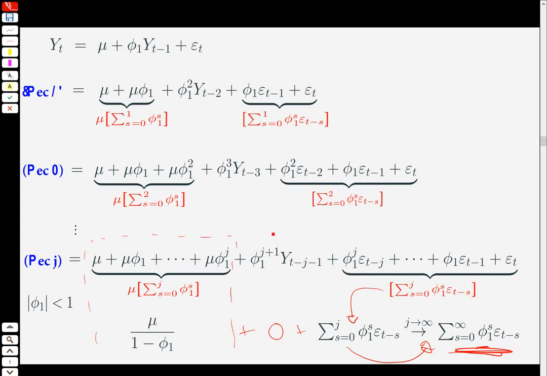So this term will tend towards naught exponentially quickly, which means that this whole thing will tend towards naught exponentially quickly. That's why we get this result. So with phi1 less than 1, this second term tends towards naught and drops out. Another way of seeing this is that the effect of the faraway past is dying away as we go back and back.